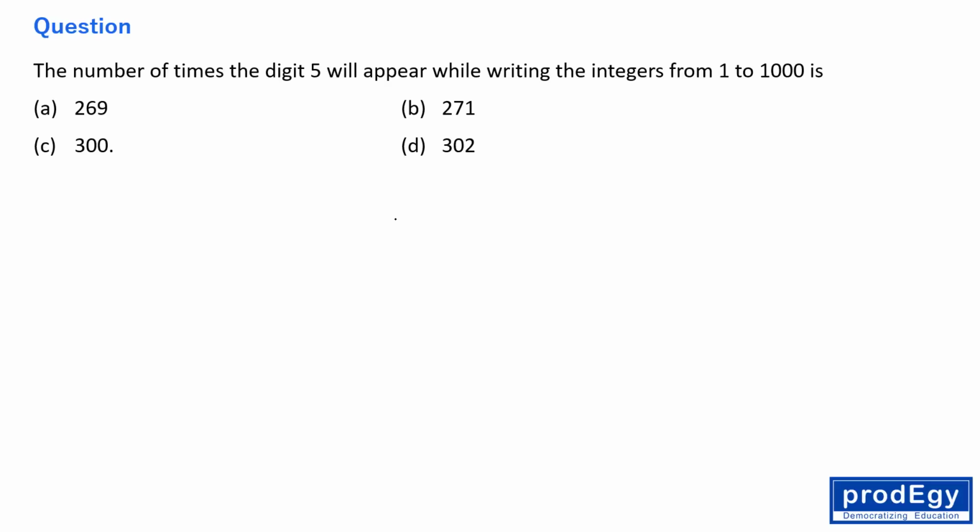Okay, the number of times digit 5 will appear while writing the integers from 1 to 1000. It is again a question of number system, right?